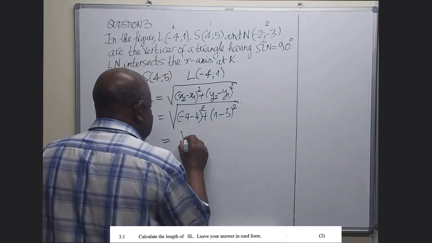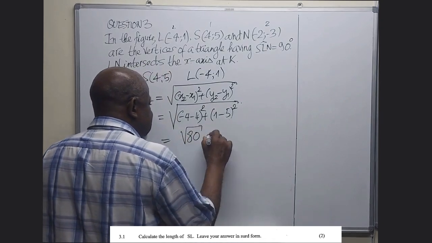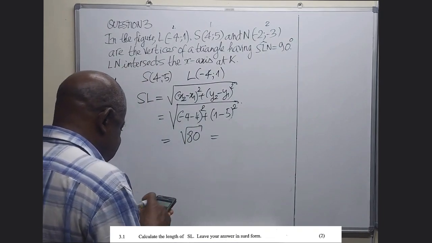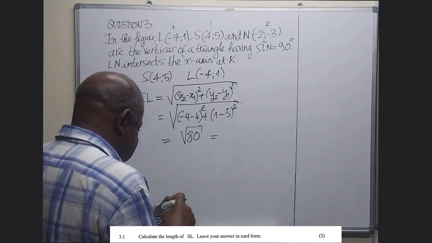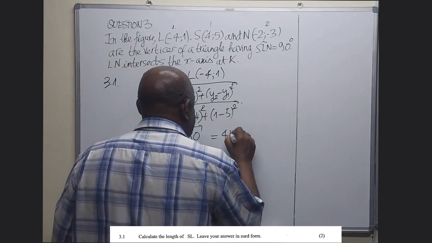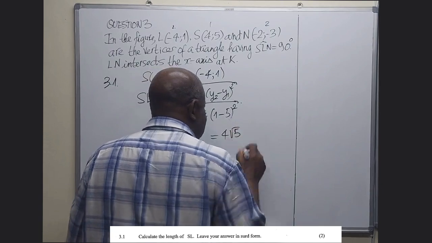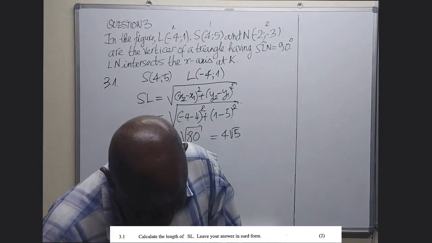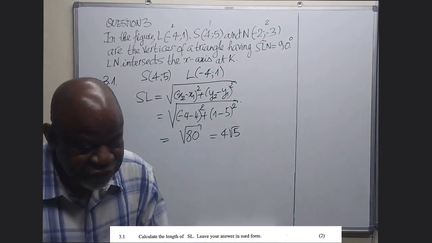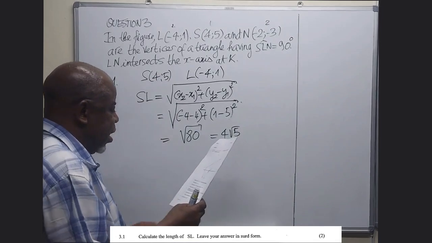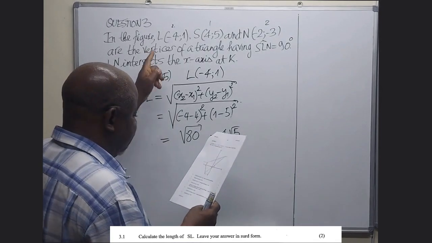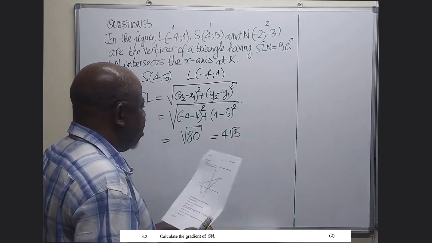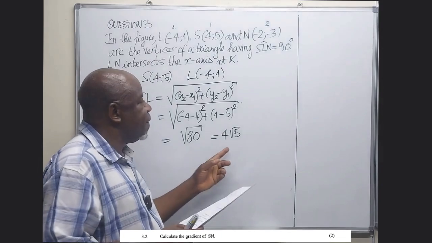So here we're going to get the square root of 80, and the square root of 80 is equal to 4 square root of 5. So this is the answer for question 3.1, the length of SL, and they say we're going to leave our answer in surd form.